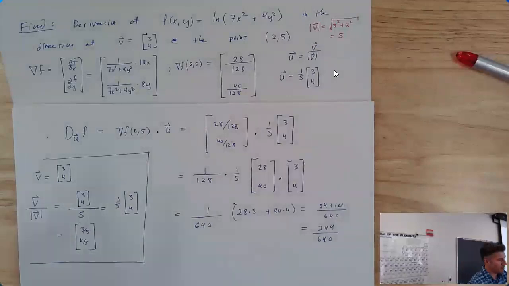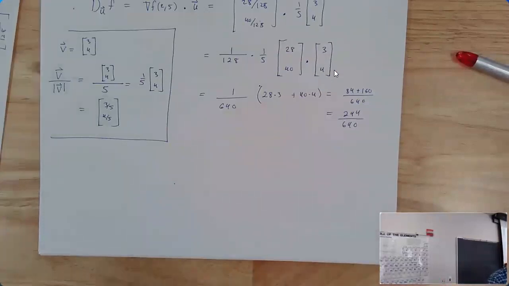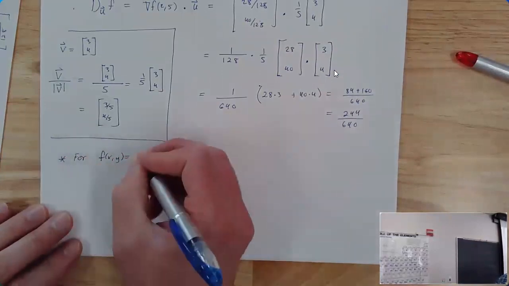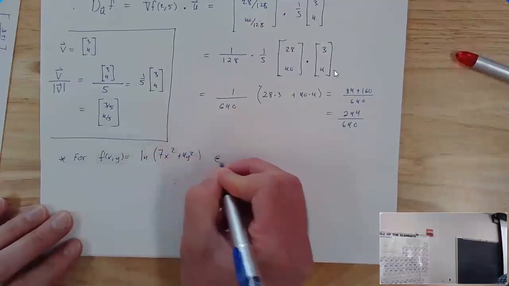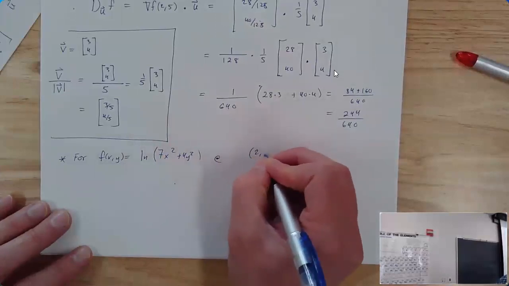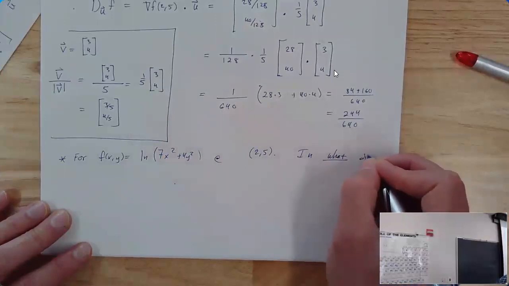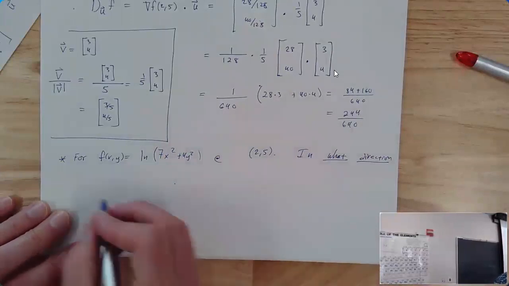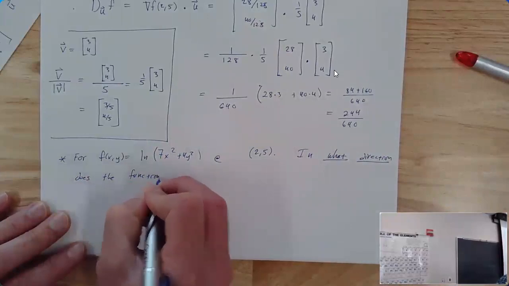Okay, so here's a question that might seem hard to answer, but it is not. So the question I want to ask now is, for the same function, still f of x, y equal to the natural log of 7x squared plus 4y squared at the point 2, 5, in what direction does the function increase the most rapidly?